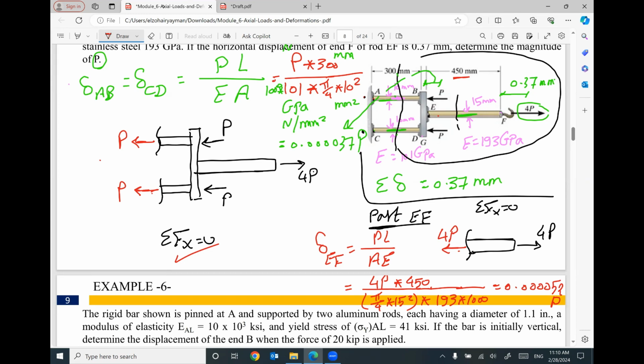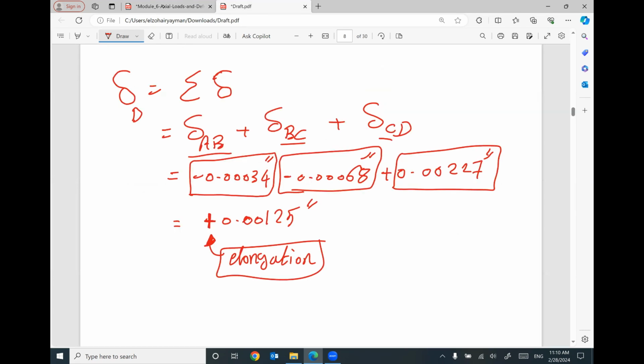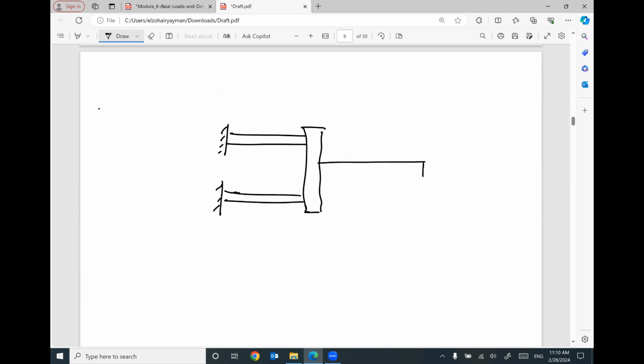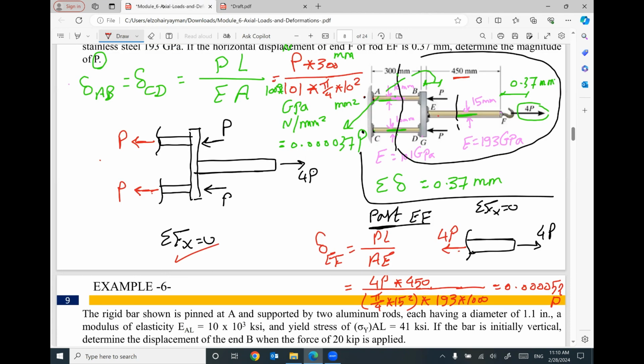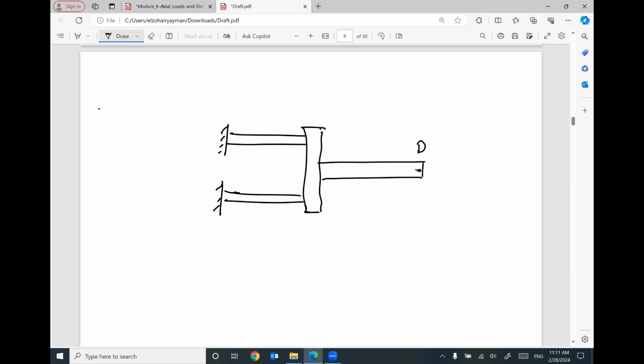Keep in mind, I would like to highlight this point. This is the assembly, this is point D, and F and G, whatever. I don't care about the names.